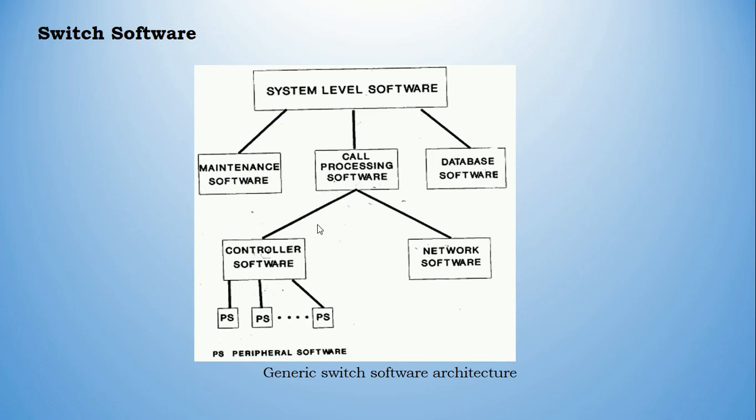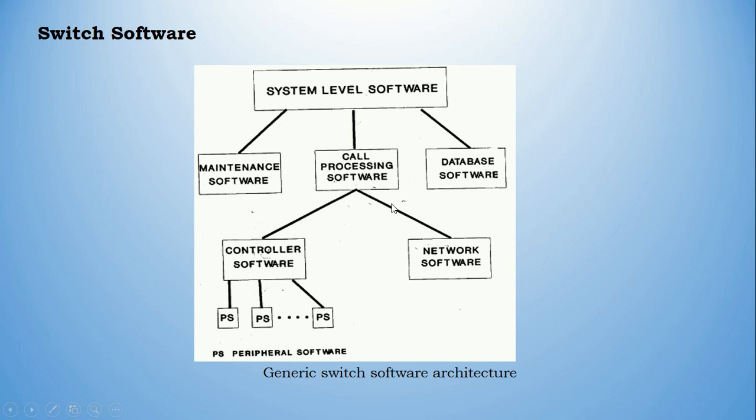Now the second important question is to explain the switch software. That means generally what type of software is needed at each level. So there are 3 levels, 3 different types of software. Level 1 is the lower level, level 2 is the middle one, and the higher level is level 3. You can observe in the diagram, system level software has 3 options: maintenance, call processing, database software.